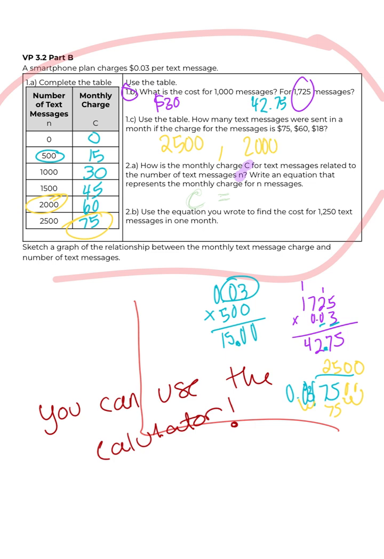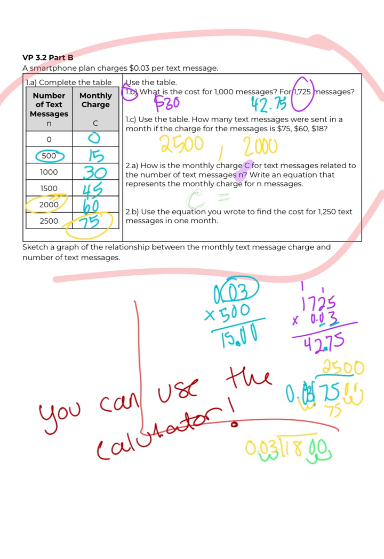For $60, you're going to do the same math, but it's also right here, 2,000 texts, and for $18, it's not right there. So you actually have to do the math there. Again, you're taking 18 and dividing it by 0.03. You have to move the decimal place over twice, which means you're moving this decimal place over twice, 1, 2.